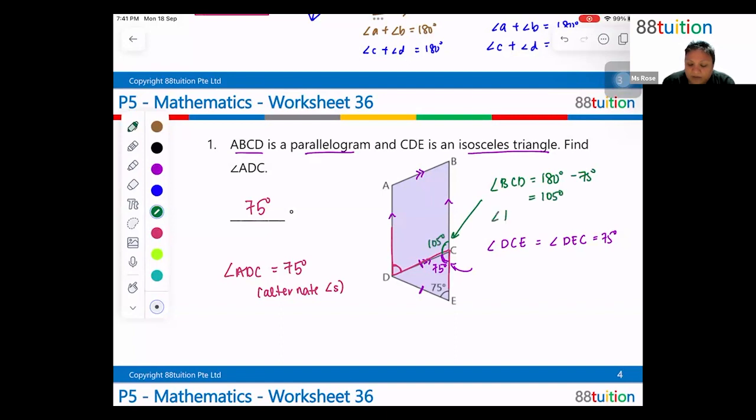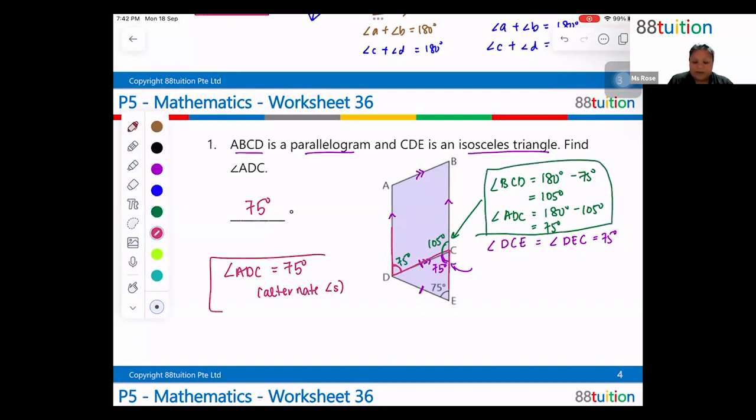So angle ADC is equal to 180 minus 105 to give me 75. So you can also do the method done in green, or you can follow this one that is in red. So whichever you're comfortable with. I'm just giving you the alternative solutions.